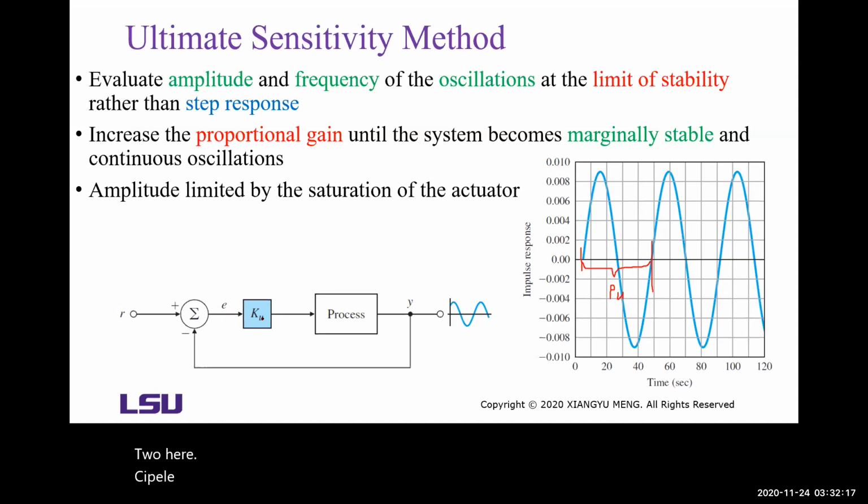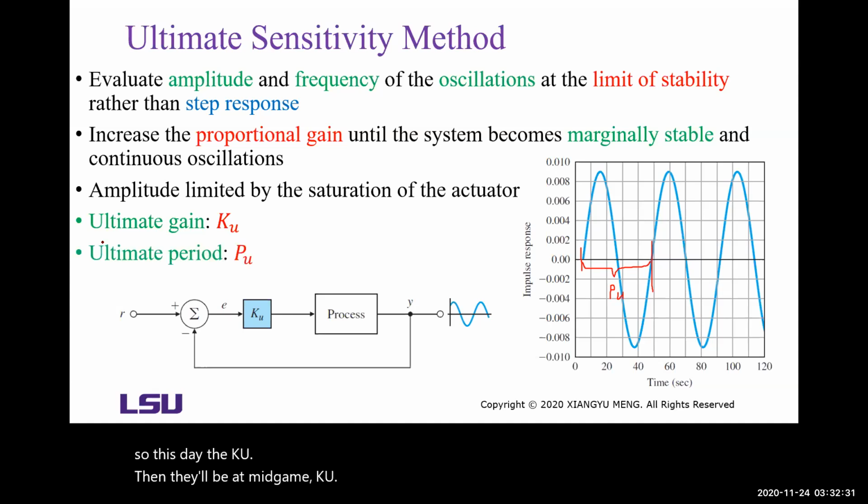So this is the Ku. Then there'll be the ultimate gain Ku and the ultimate period Pu.